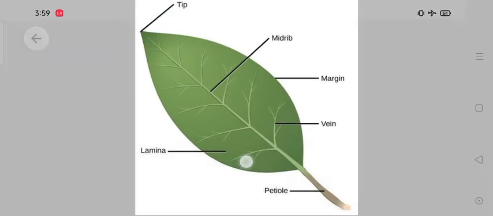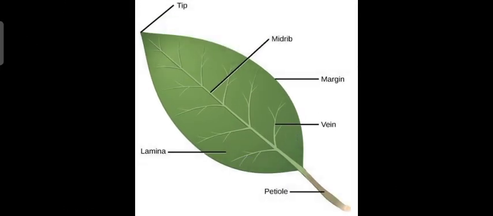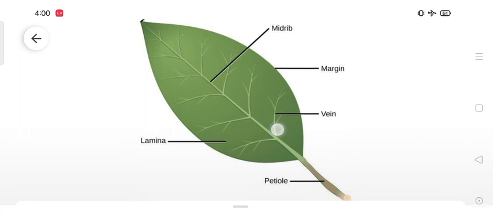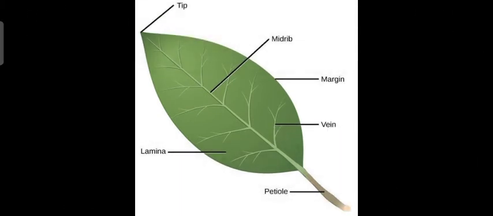This is called main vein or midrib, and you can see many small veins branching off from it. The main work of this vein is to carry water, minerals, and nutrients to and from the leaves of a plant.